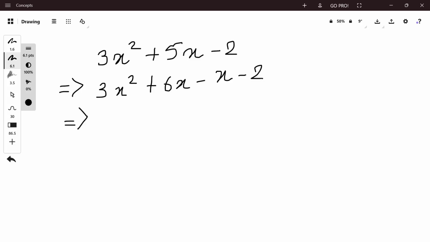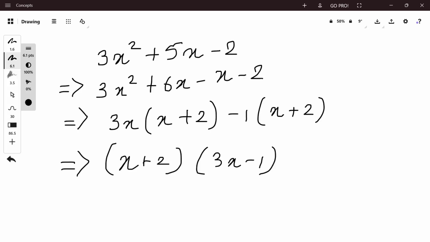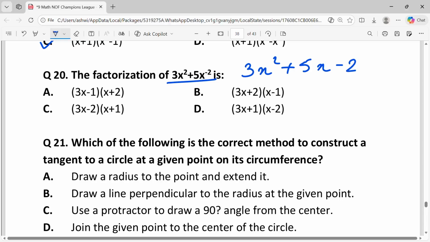Grouping the terms and factoring out the common factors from each group, we have 3x(x plus 2) minus 1(x plus 2). Factoring out x plus 2, we have (x plus 2)(3x minus 1). From the options, the answer is A, (3x minus 1)(x plus 2).